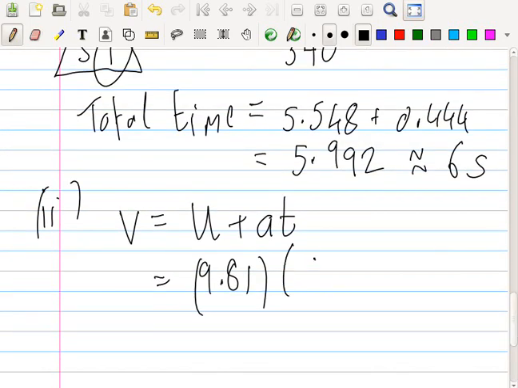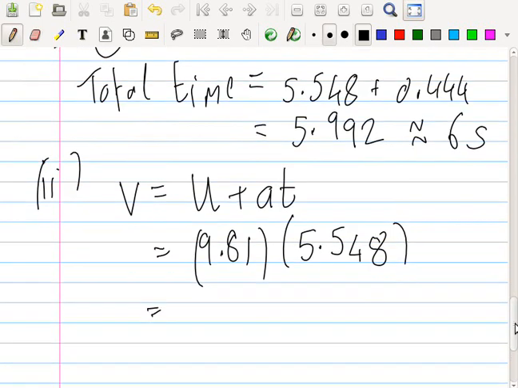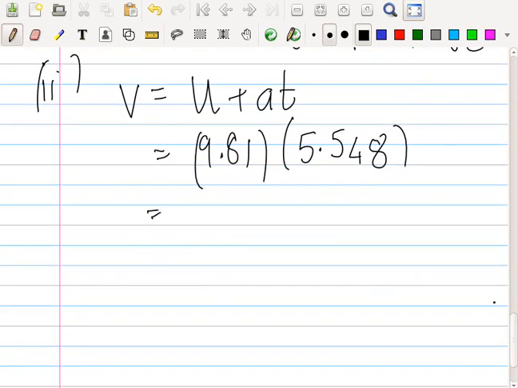No. No, no, no. It's 5.548. What's that? 54.2 meters per second.